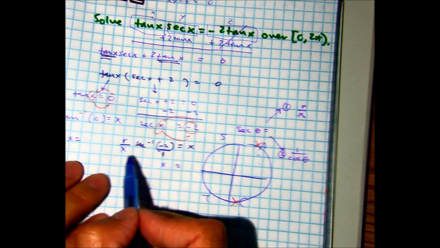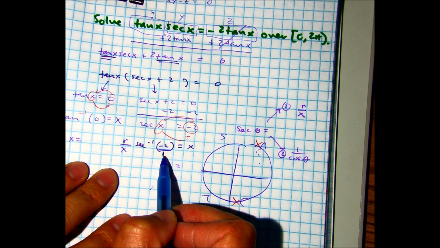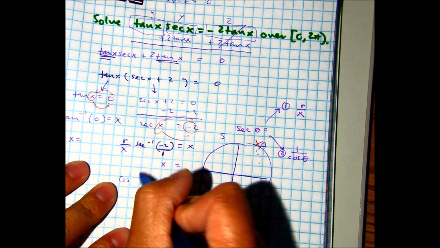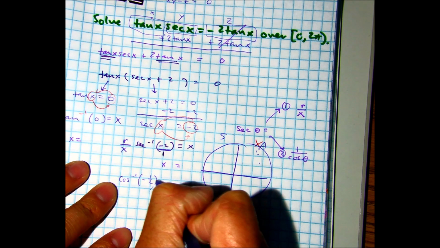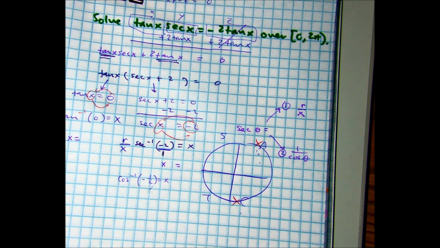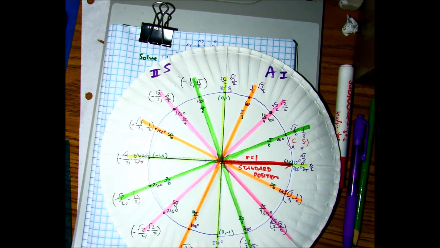So if you're really thinking about it, you're really basically finding where cosine is negative 1/2. Does that make sense? Cosine of the angle, where is it negative 1/2? And Justin, where is cosine negative 1/2?